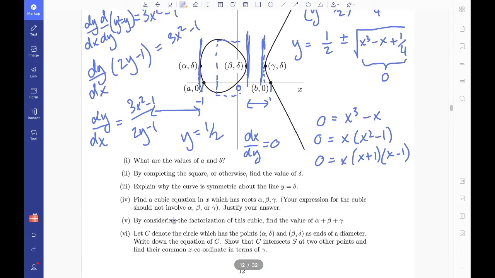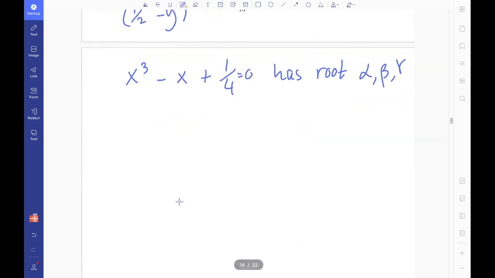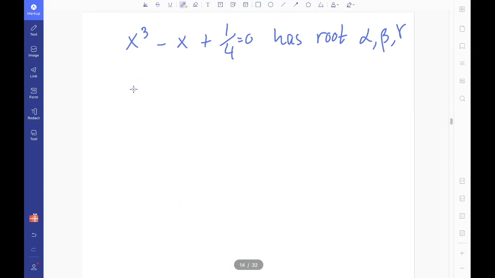So by considering the factorization of this cubic, find an equation for alpha plus beta plus gamma. If I want to write this factorized, I would write this as x minus alpha, x minus beta, and x minus gamma.